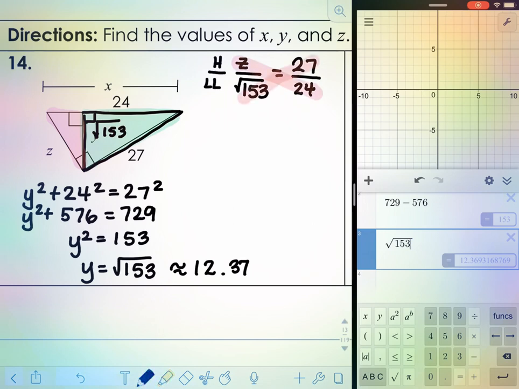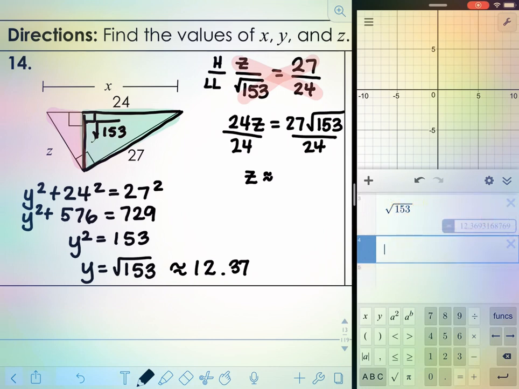When we cross multiply, we get 24z equals 27 times the square root of 153. And then we're going to divide both sides by 24. Let's put that in the calculator all at once. So 27 times the square root of 153.